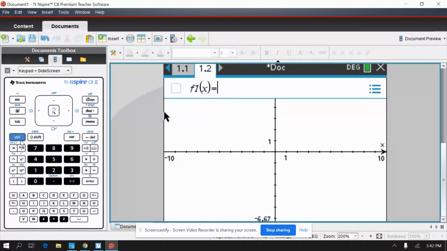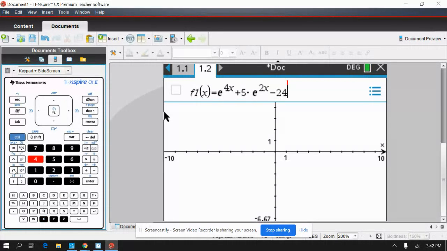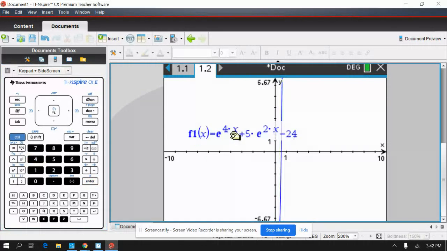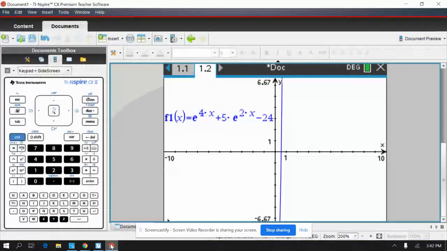It was e to the 4x plus 5 times e to the 2x minus 24. And this is the function. And the problem that we have is the function equals 0. So when does that function equal 0?